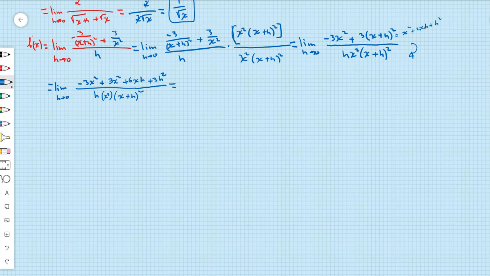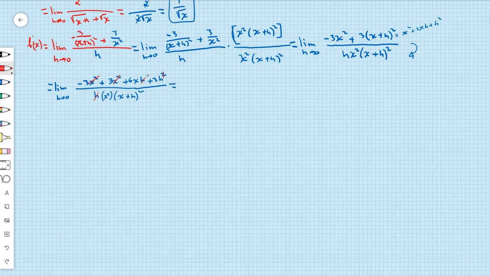Now that we have that, we see that these two terms cancel out. Then we can factor out the h. So this h will go, and here we'll only have one h, and then this bottom h will go as well because they cancel out.